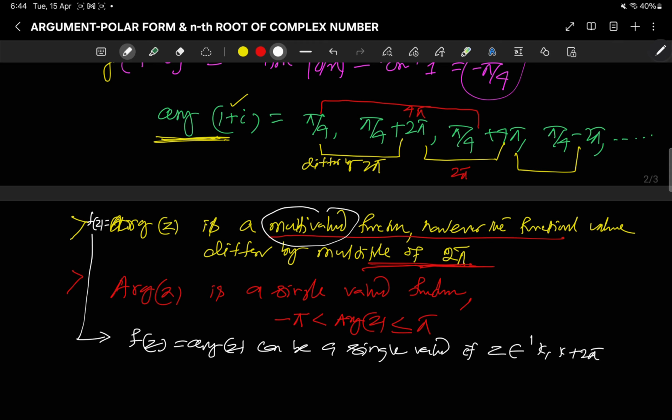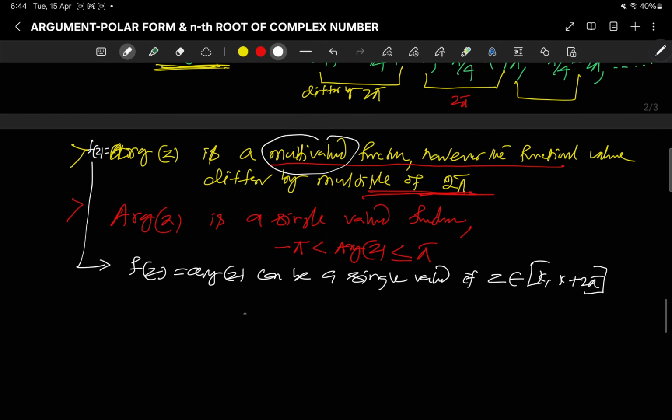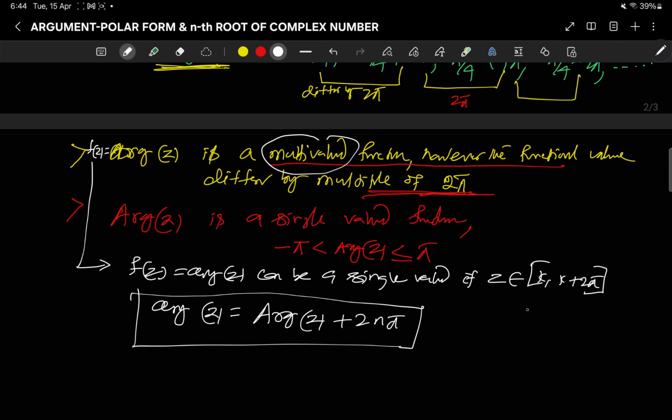If we restrict the interval, then it can be converted to single valued. And as you know, arg z plus 2n pi is the general argument, while arg z is the principal argument. As usual, the principal argument is single valued, but the general argument is multi-valued.